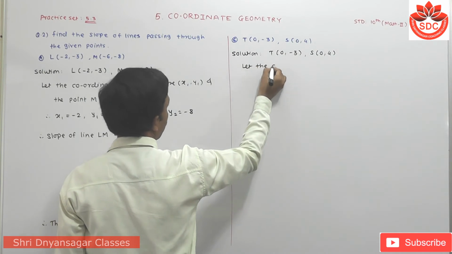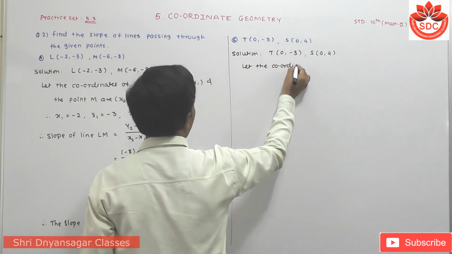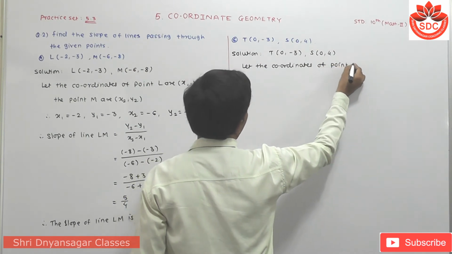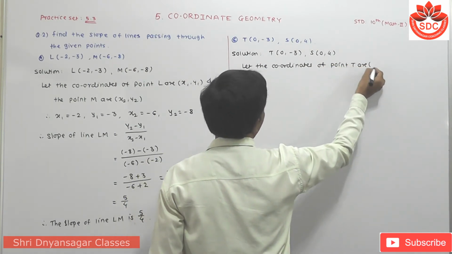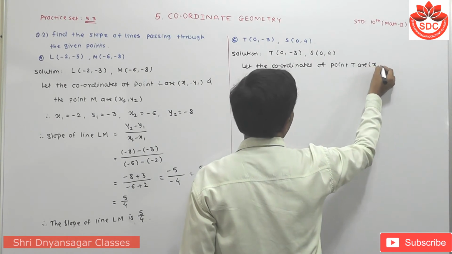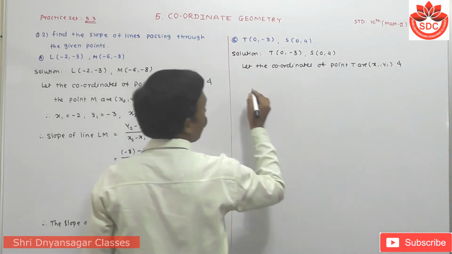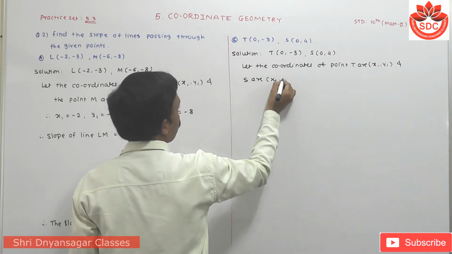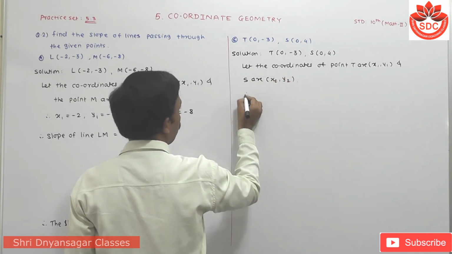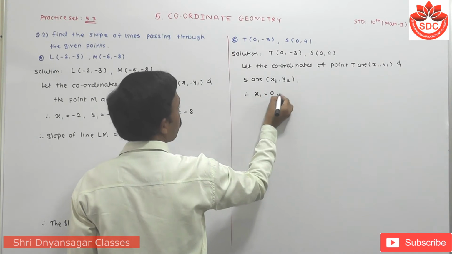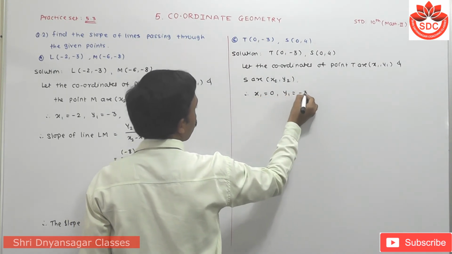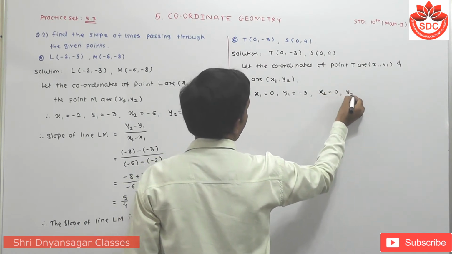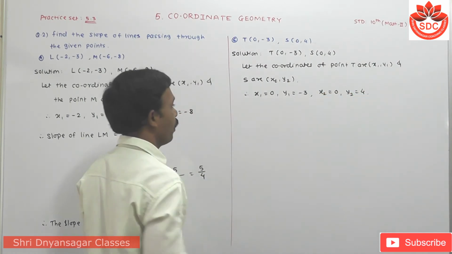Let the coordinates of point T be x1, y1 and S be x2, y2. Therefore, x1 is equal to 0, y1 is equal to minus 3, x2 is equal to 0 and y2 is 4.